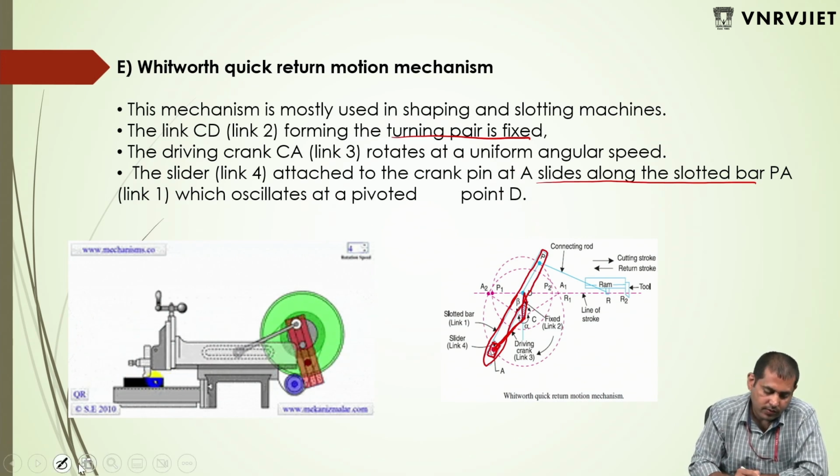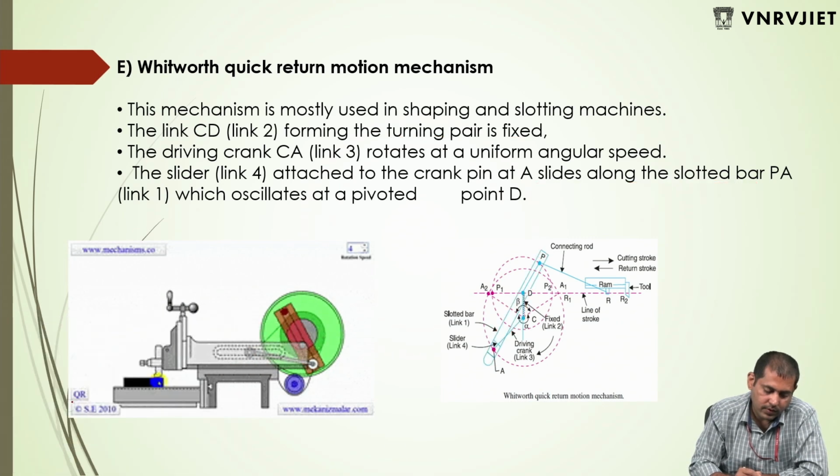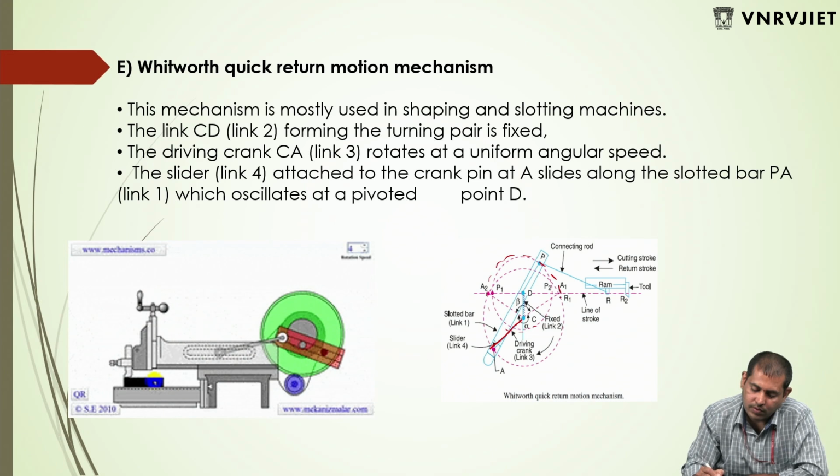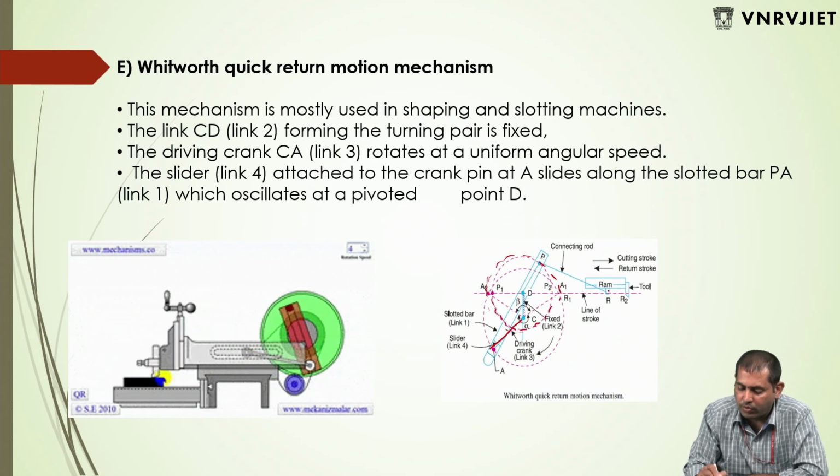So in this way, when this is under rotational motion, what will happen? The point P tries to produce a circulatory motion. By this point P, a connecting rod is attached to the ram, and on this ram the tool is attached.